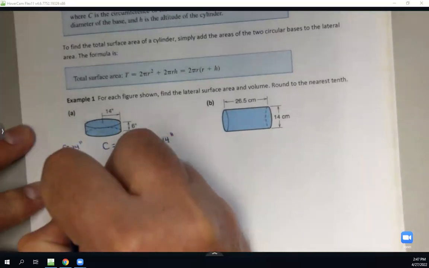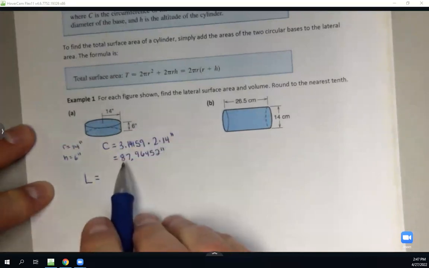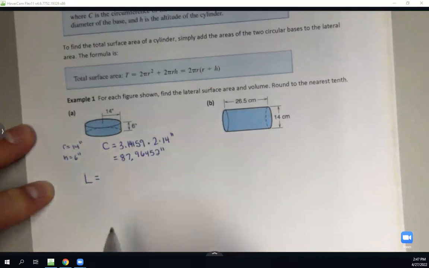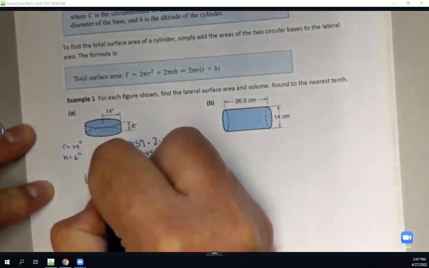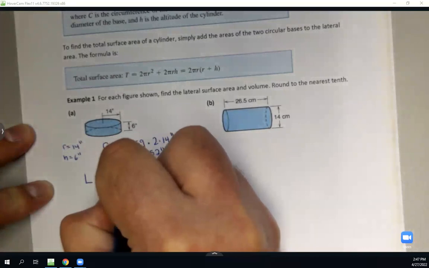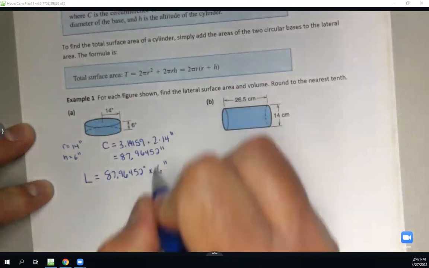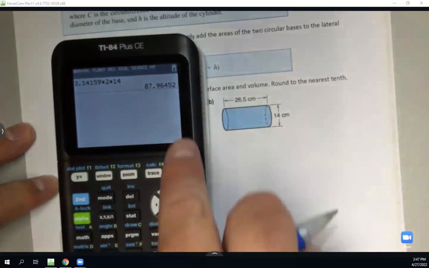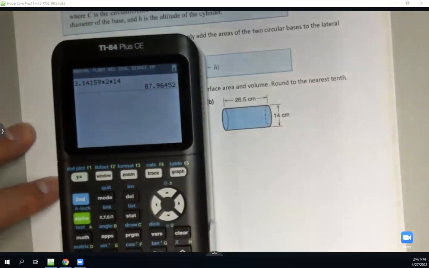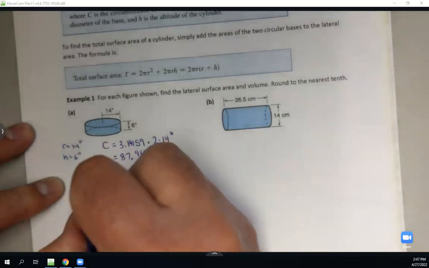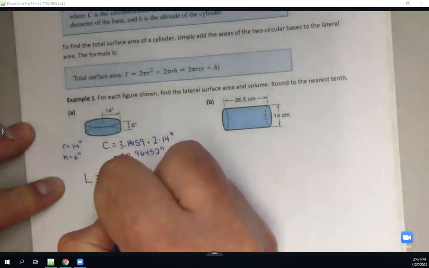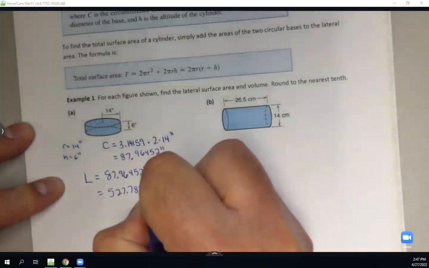So my lateral surface area is going to equal the circumference times the height. So that's going to equal 87.96452 inches times the height, which is 6 inches. So if I just take that 87.96452 in my calculator times 6, that's 527.78712 square inches.